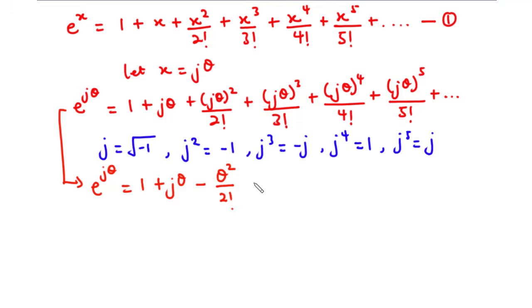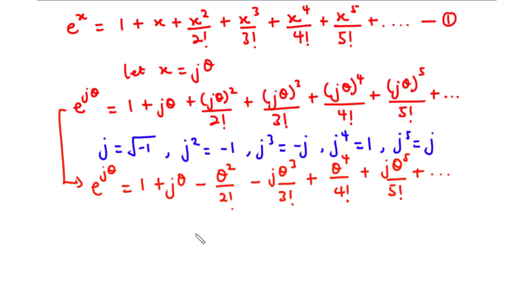So this becomes negative j theta exponent 3 divided by 3 factorial plus j exponent 4 is equal to 1. So 1 times theta exponent 4 is the same as theta exponent 4. So we have this divided by 4 factorial plus j exponent 5 is equal to j. So plus j theta exponent 5 divided by 5 factorial, and so on and so forth.